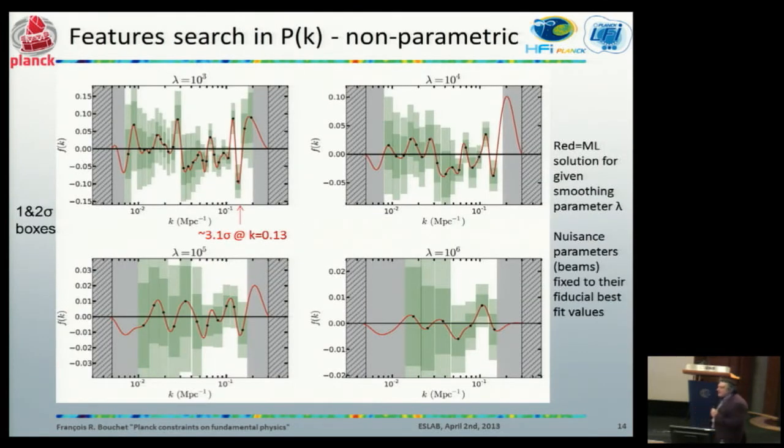Now, another thing that one can do is to try to see whether there might be features in the initial power spectrum, now in k. So what you do is essentially reconstruct how much power there needs to be on the various scales. Then you penalize this, you don't allow for arbitrary oscillations, of course.